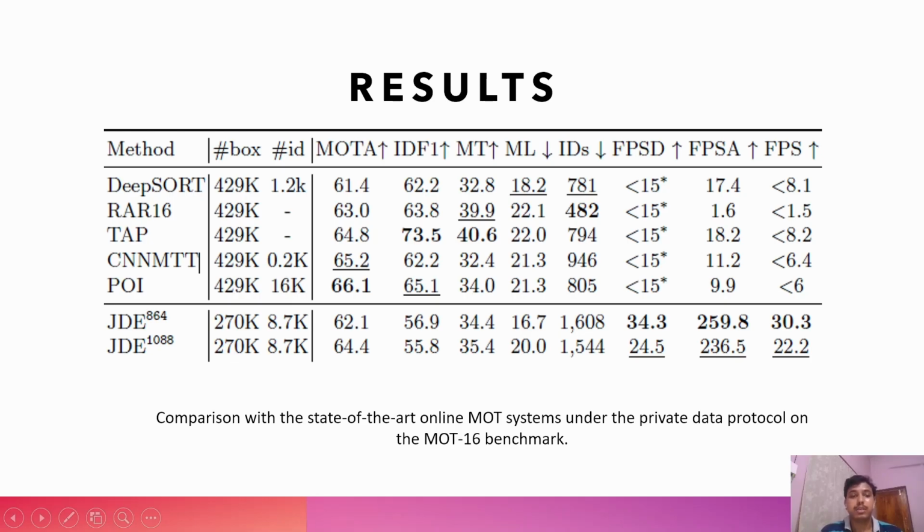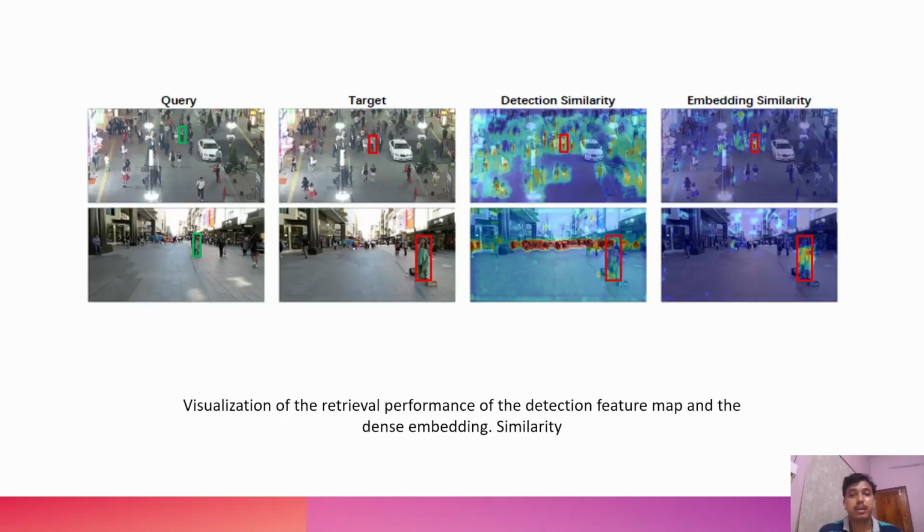Although the accuracy of POI is 60.6, 66.1, and the JDE is almost 64.4, it's near real time. So let's get a sample query target in real time.